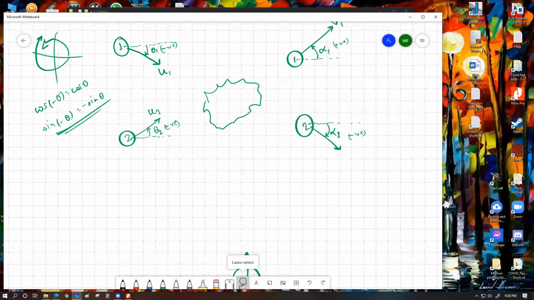So the way this equation is going to work out, if I write this equation for x-axis, m1 into u1 cos theta 1 plus m2 into u2 cos theta 2 should be equal to m1 into u1 sine alpha 1 plus m2, sorry, what am I doing, I wrote sine by mistake.